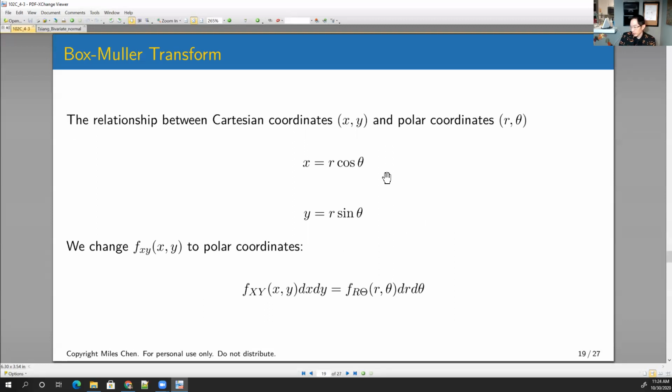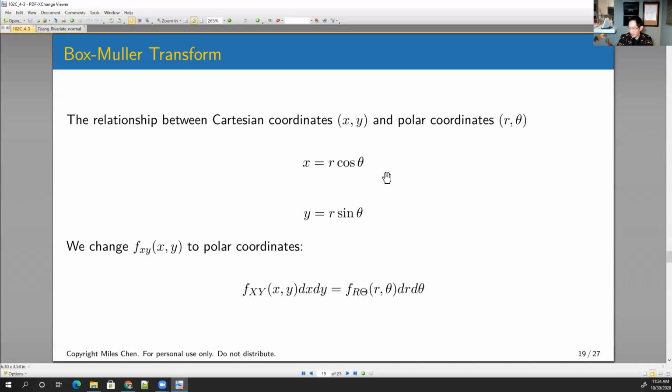Now we're going to switch these to polar coordinates. We have this relationship: x is r cosine theta, and y is r sine theta. Maybe it's been a while since you've had to deal with polar coordinates.